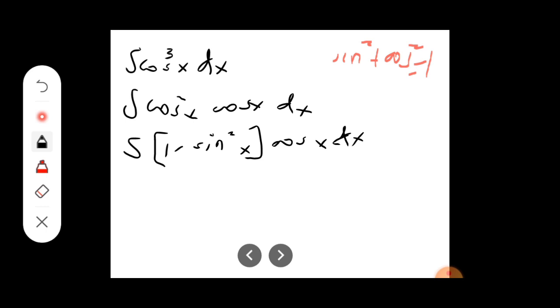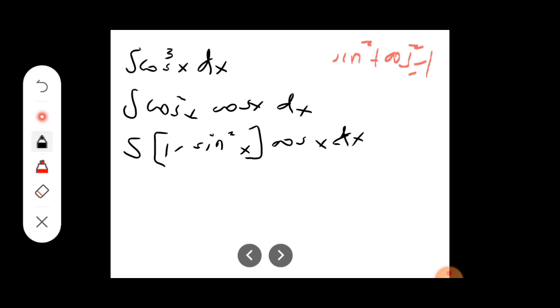Now the reason why we want to put it in this form is so that we can do u substitution. If we make u equal to sine x, then du is cosine x dx. That's why we keep one cosine on the outside, so that we can use it to change it into du. We replace sine with u.